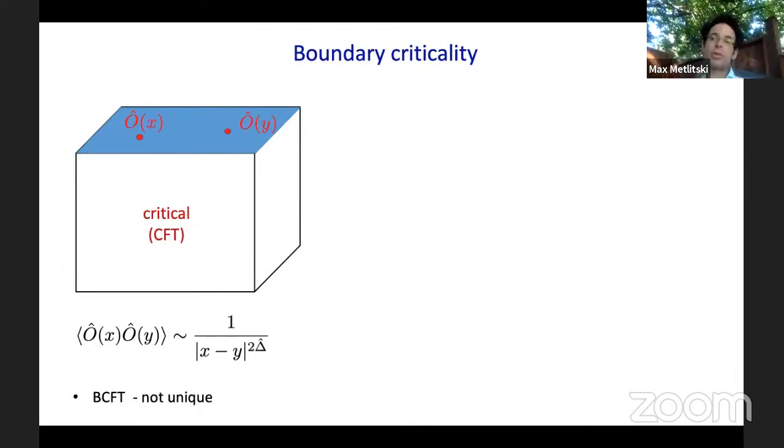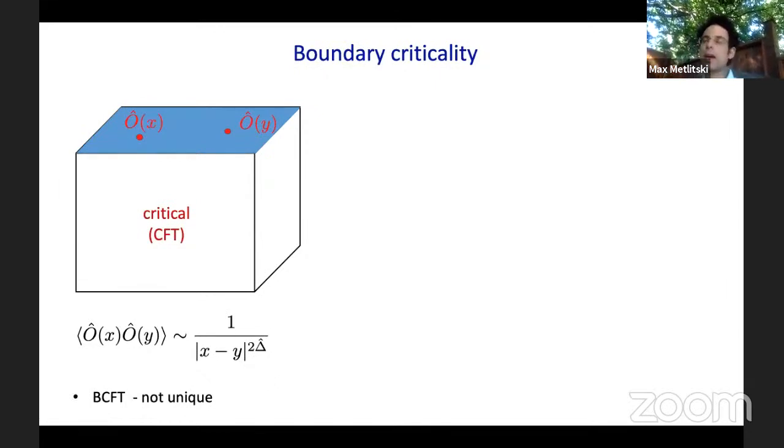There are a few comments that one must immediately make about this problem. First is that the physics near the boundary in general is different from the physics in the bulk. For instance, the spectrum of boundary operators is distinct from the spectrum in the bulk. The boundary operators have in general scaling dimensions that differ from the scaling dimensions in the bulk.